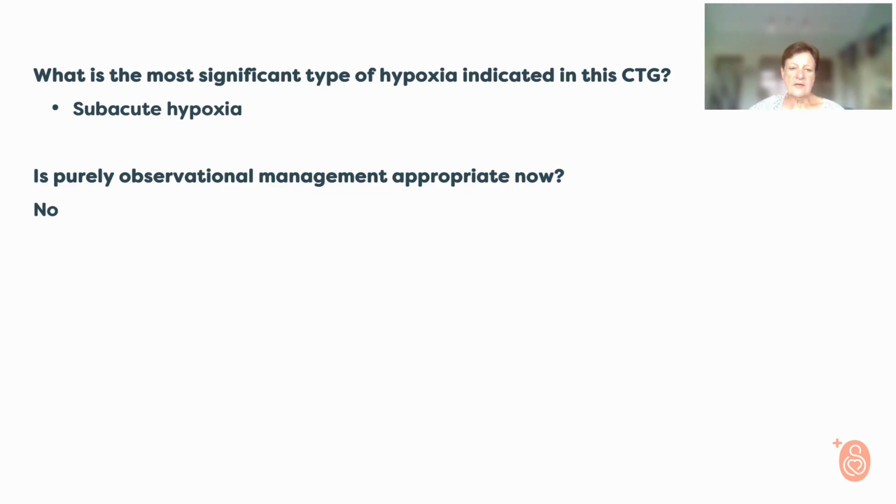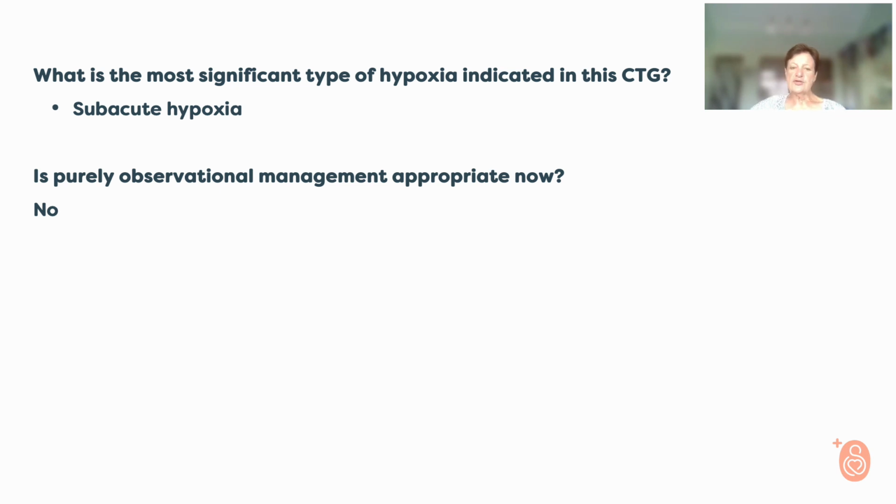Now the next question: what is the most significant type of hypoxia indicated in the CTG? Usually in the case of increased variability we talk about subacute hypoxia. Remember, we have 3 categories of hypoxia. We have chronic hypoxia, a hypoxia that develops gradually.